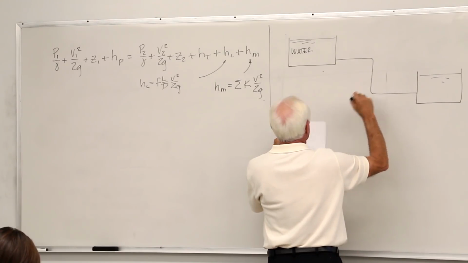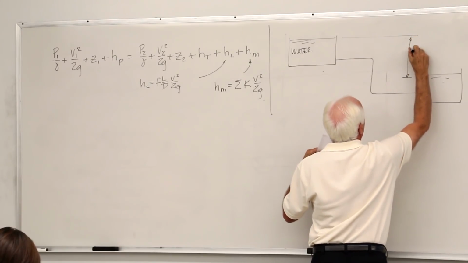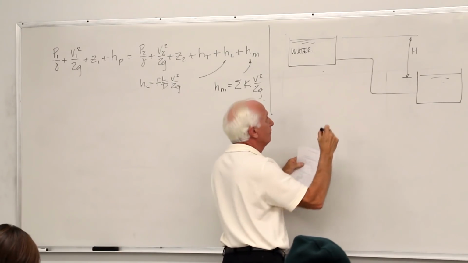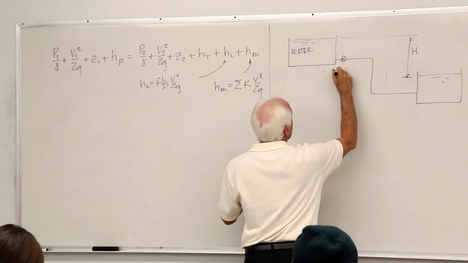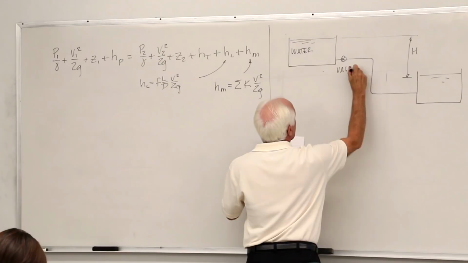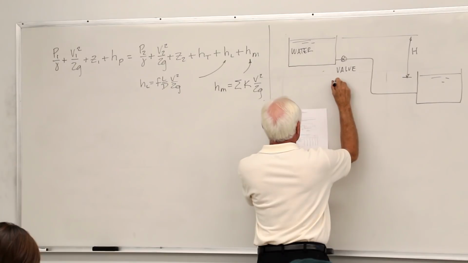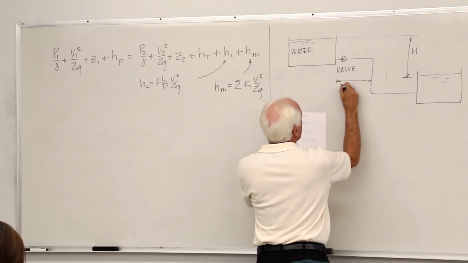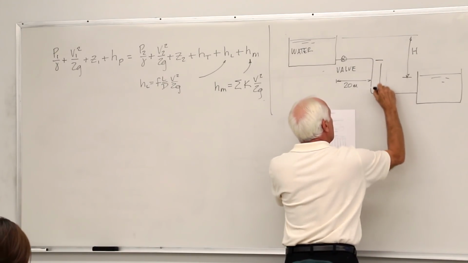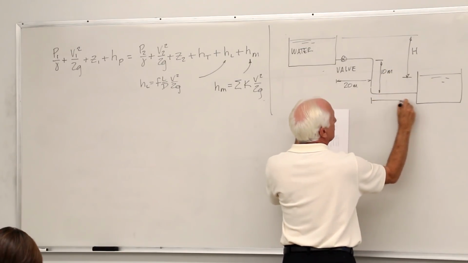This is H, capital H. There is a screwed globe valve fully open right here. I'm not going to put all the details on it. It's fully open. 20 meters from here to here, 10 meters from here to here, and 20 meters from here to here.